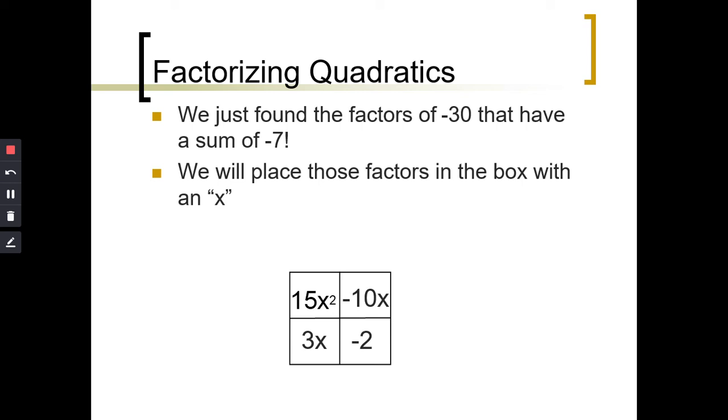Alright? So from the first slide, we had 15x squared minus 7x minus 2. And we wrote the first term in the first box, which is 15x squared, and we wrote the final term, negative 2, in the final box.